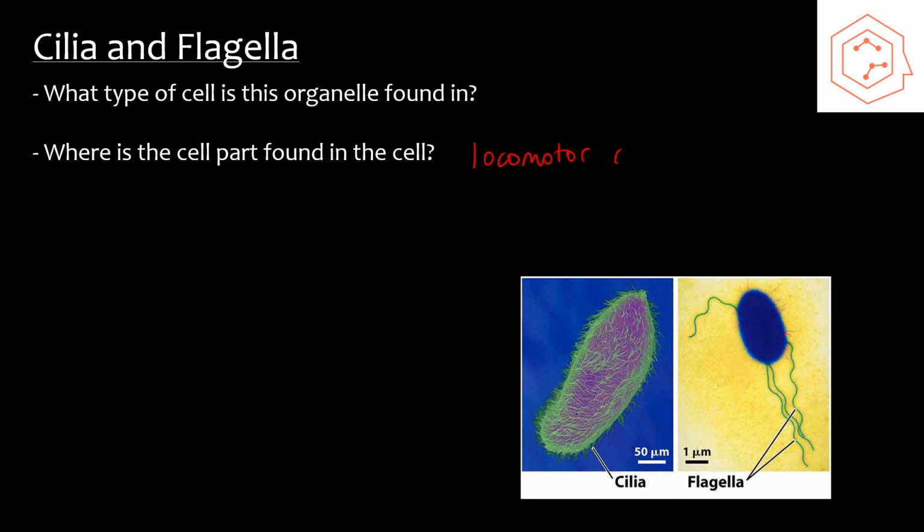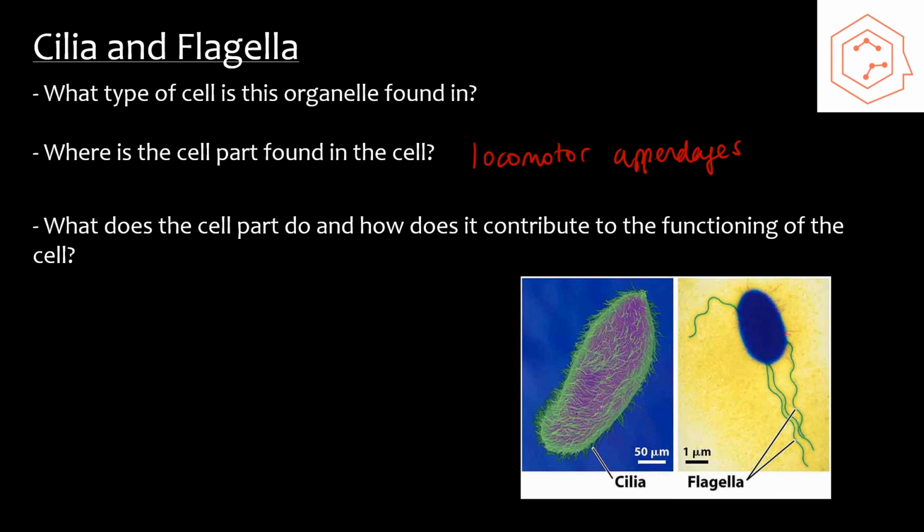Basically, they're extensions of the cell. What it does is act in propulsion, key for movement of the cell. It works to move around from point A to point B.